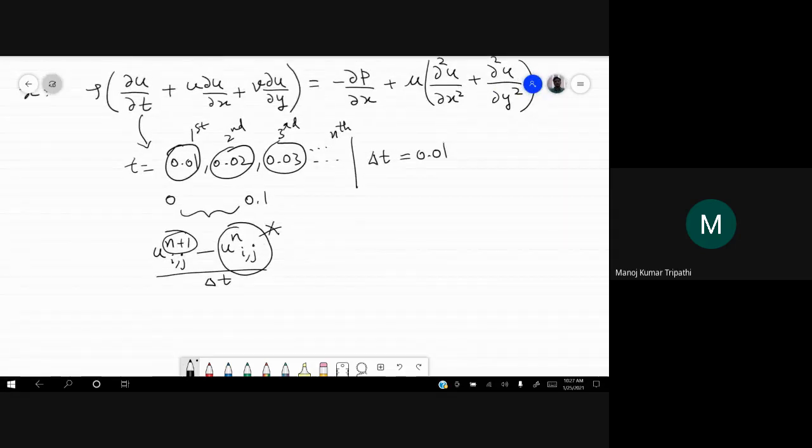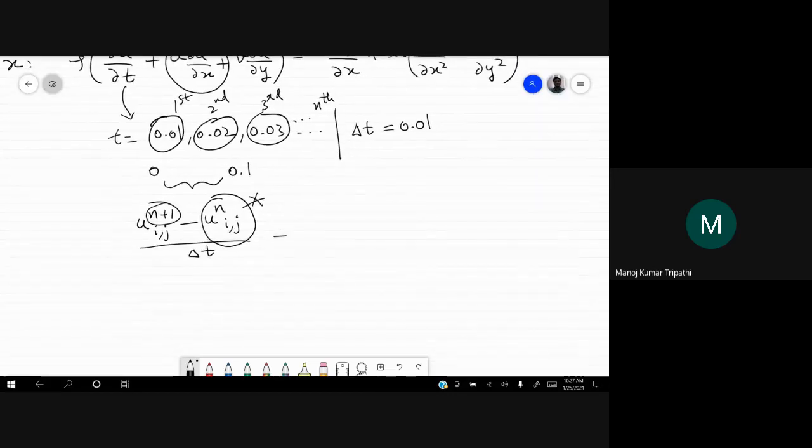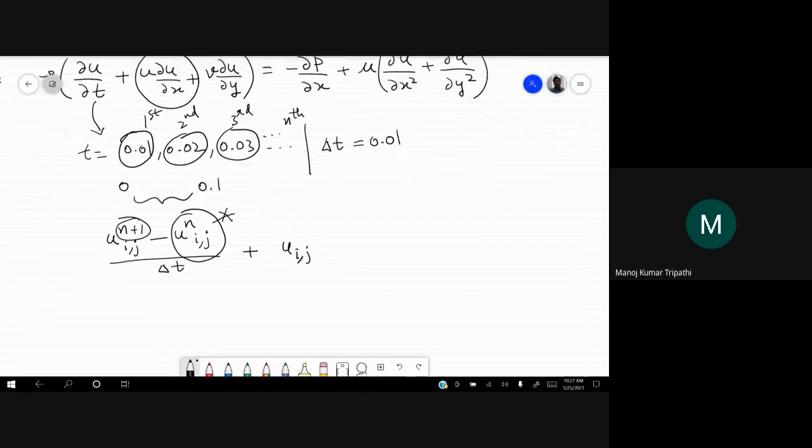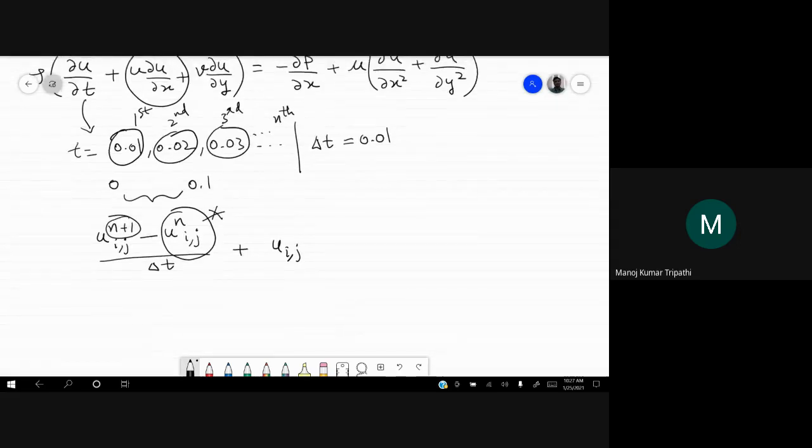Okay, and then the second term u dou u by dou x, that can be written as u at i,j. Dou u by dou x can be written with forward, central, or backward difference formula. Anyone?